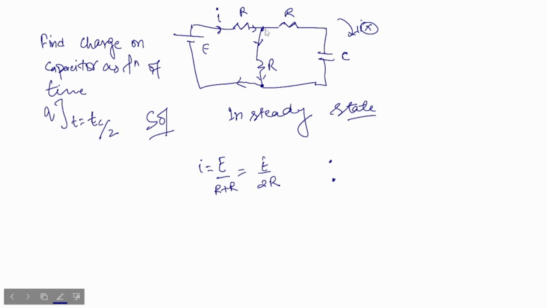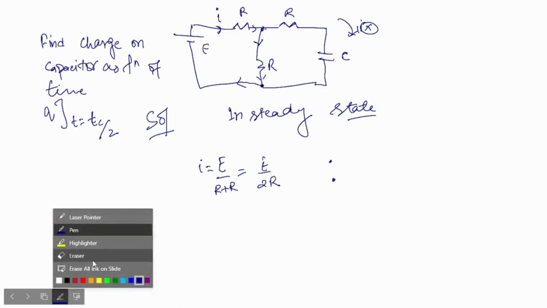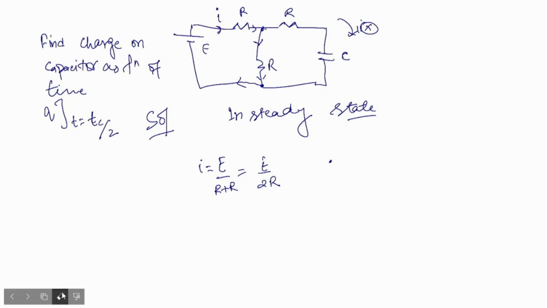If you consider this point as A and this point as B, VA minus VB equals I into R. What we have found for I is E upon 2R, and the value of R is this resistance R. That means it will be E upon 2.